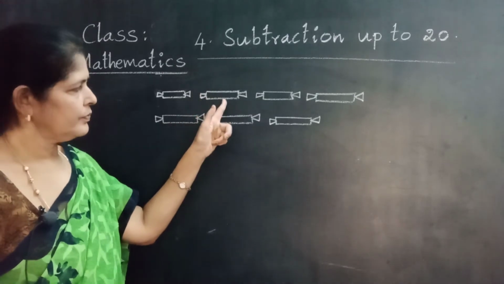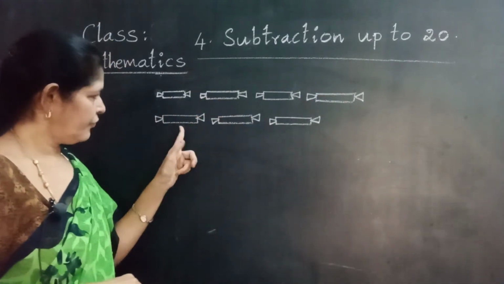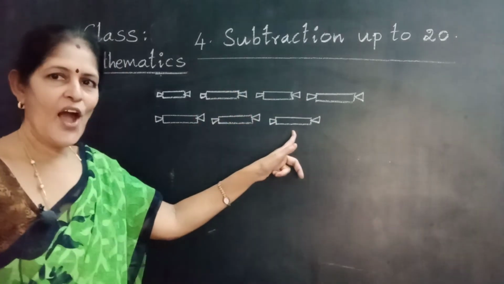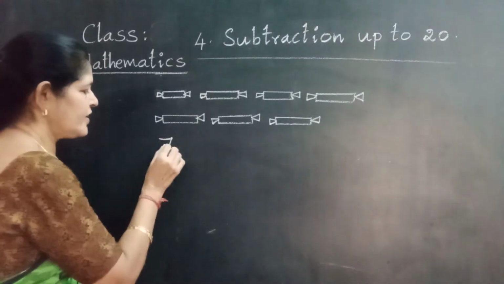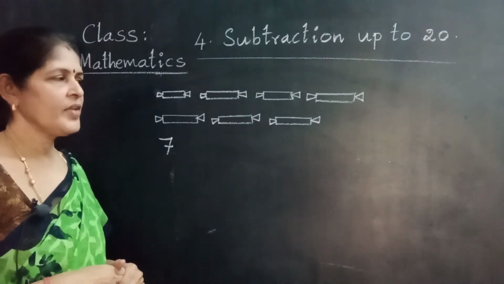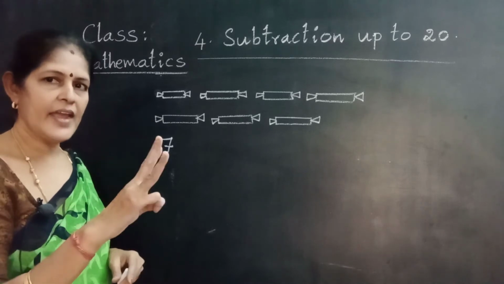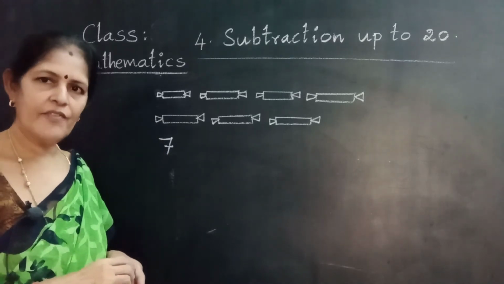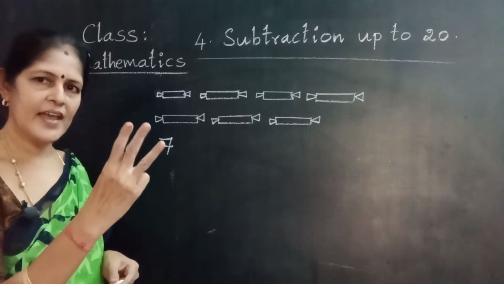1, 2, 3, 4, 5, 6, 7. How many do I have? 7 chocolates. I gave away 3 chocolates to my sister.